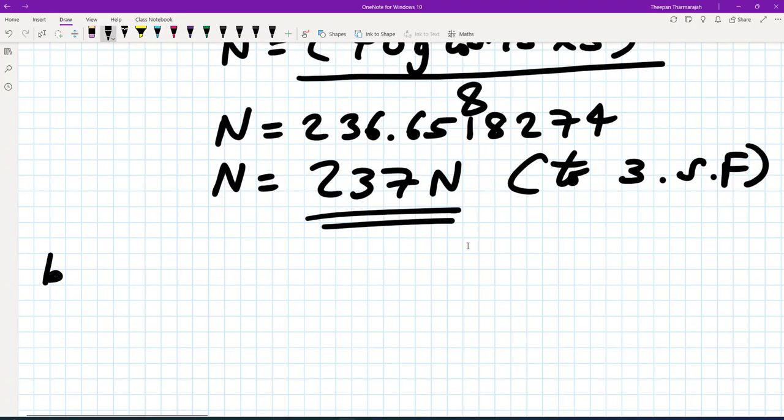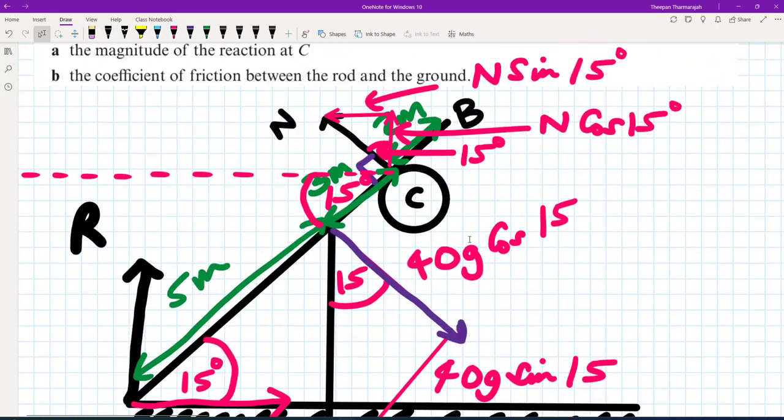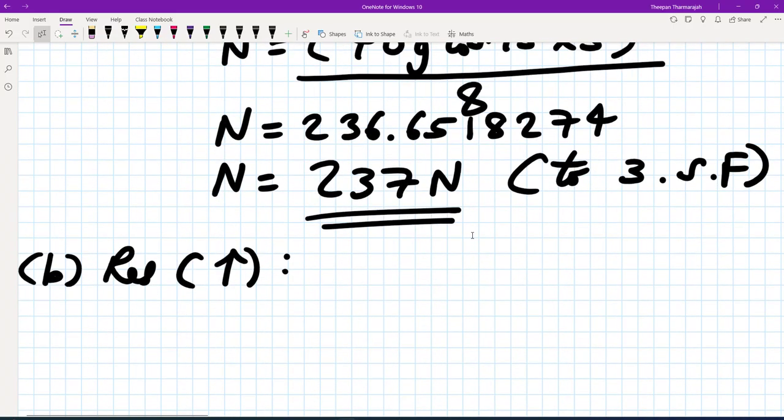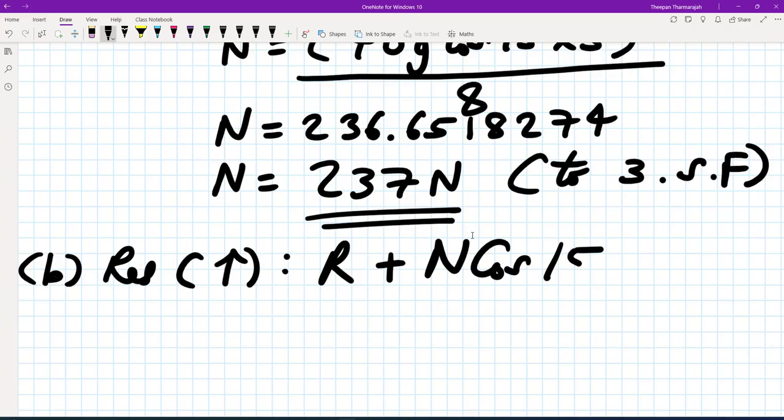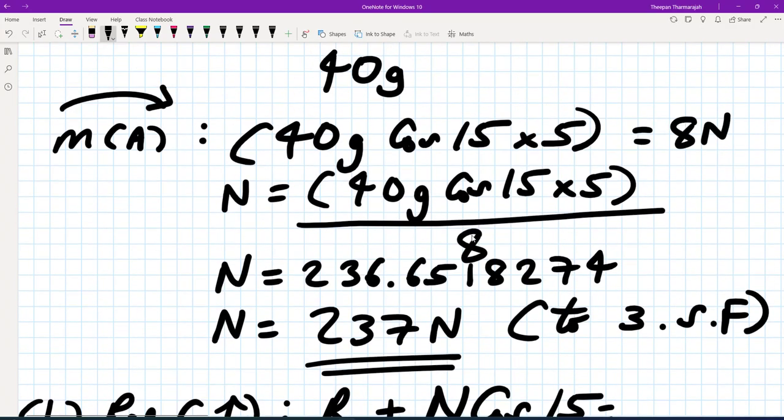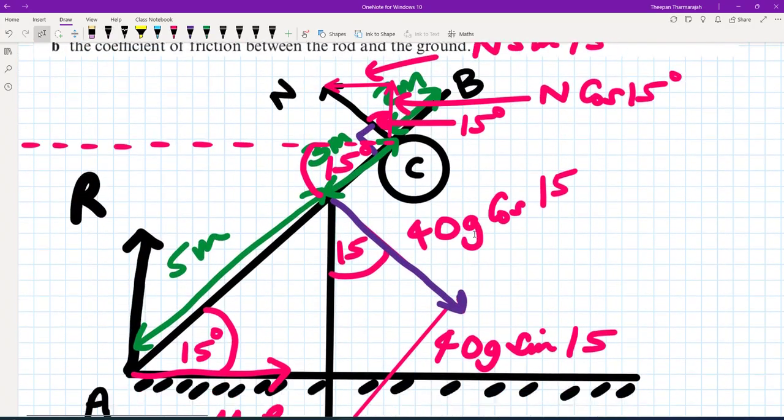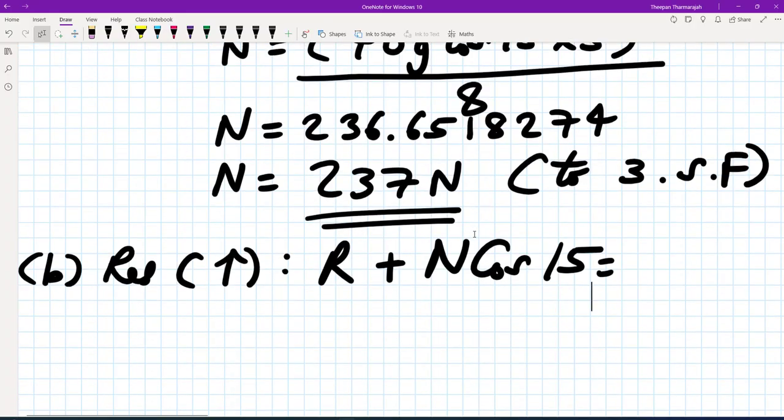So for part B, we resolve vertically first. If we do that, we can see R plus N cos 15 is equal to the force that's coming down, that's 40g.